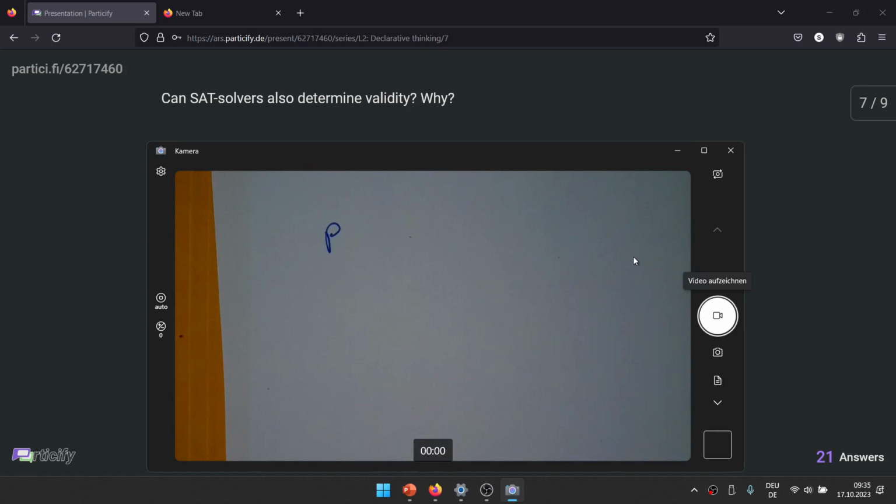No. Well, that's what we're trying to figure out, whether we find a formula that is satisfiable and not valid. This is your formula. Why is it not valid? Because if we set p to false, this whole formula is false, right? So this is an example of a formula that is satisfiable because we can set p to true, but it's not valid because we can set p to false.